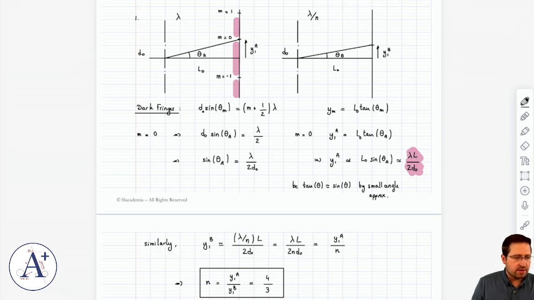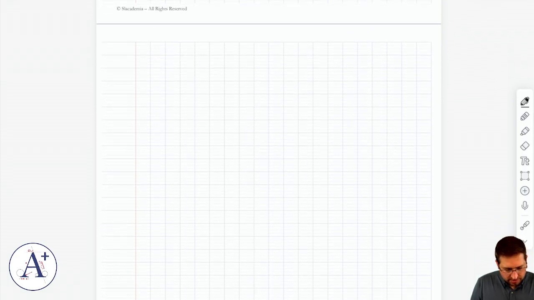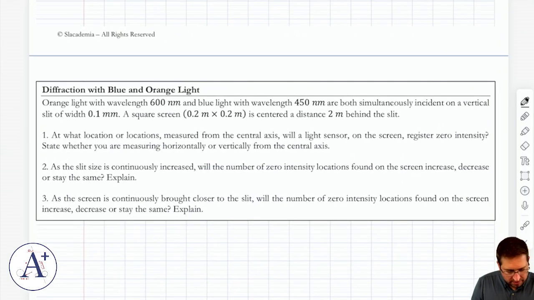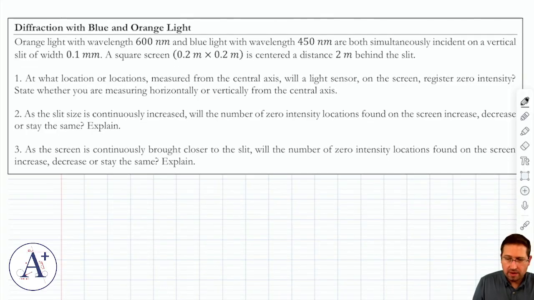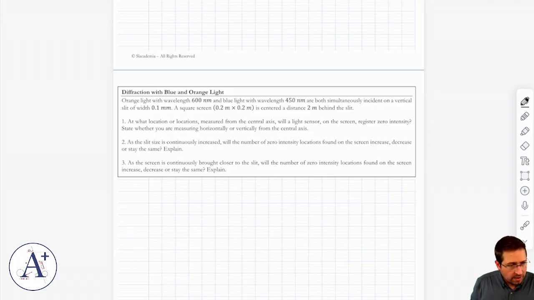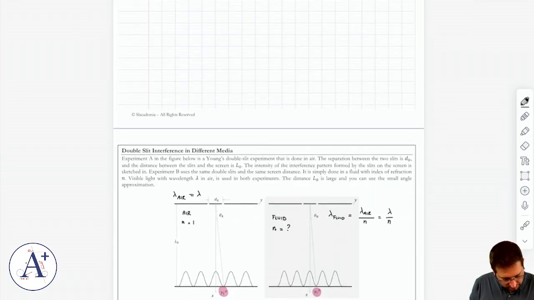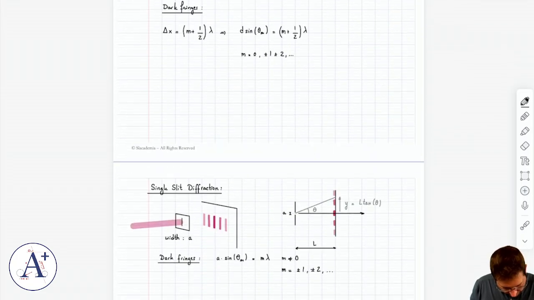Okay, so let's wrap up and look at single slit diffraction with blue and orange light, which is a great problem.